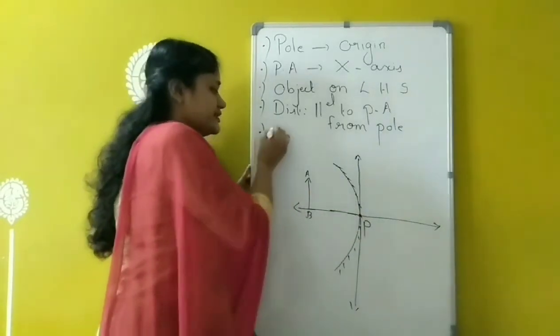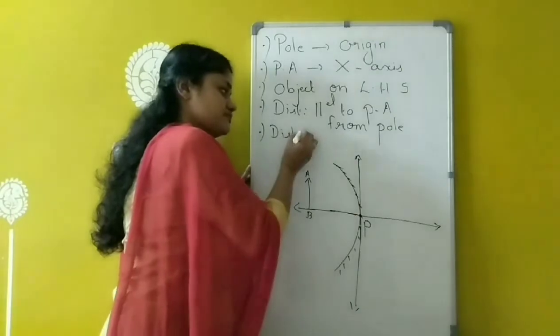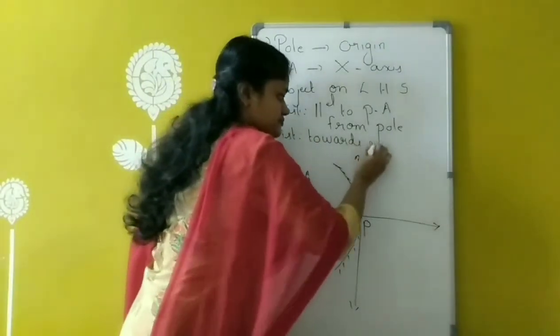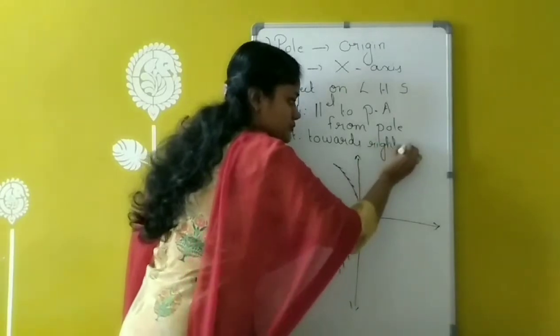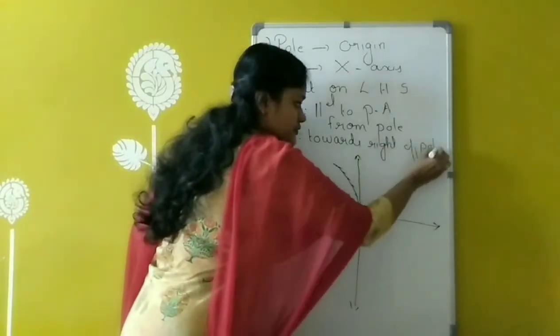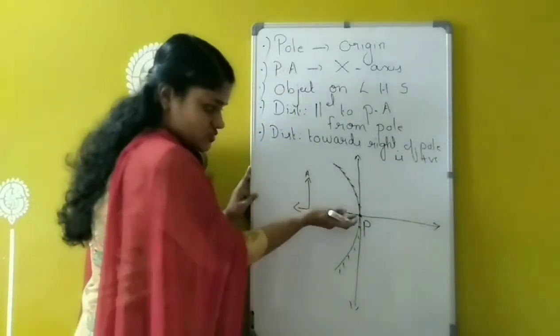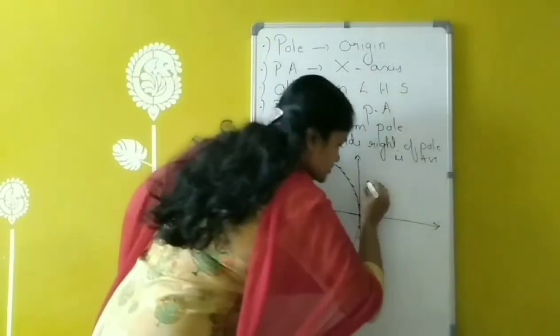Then distance towards the right of the pole is positive.